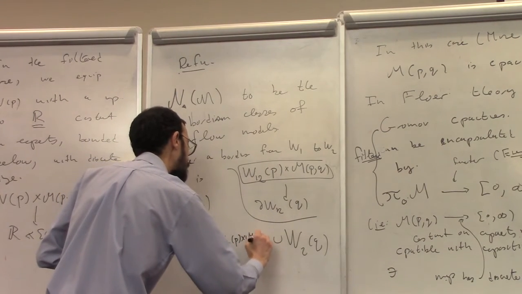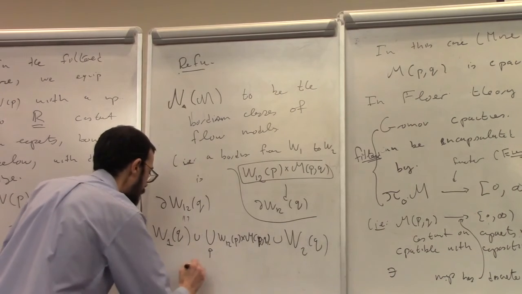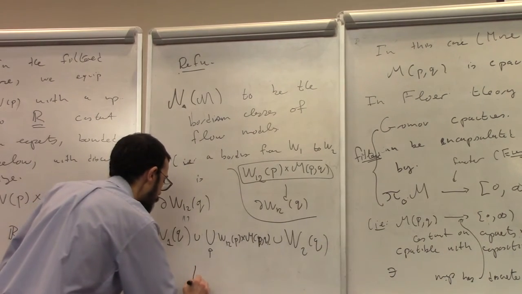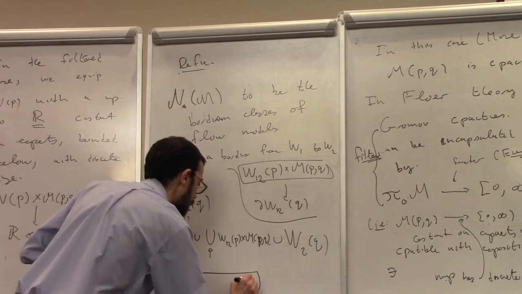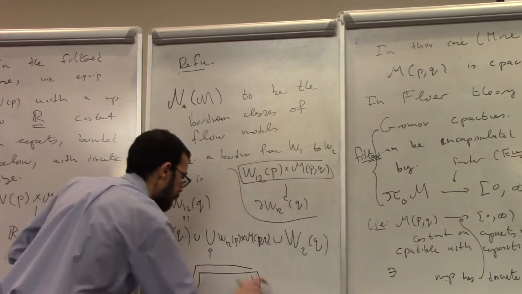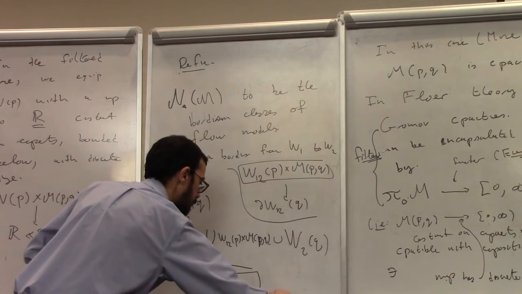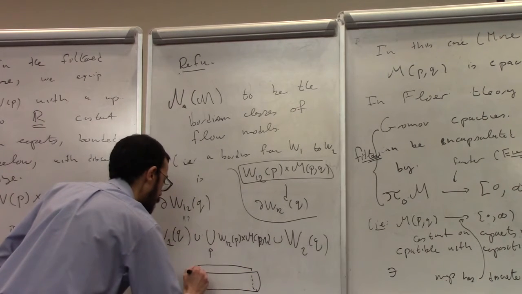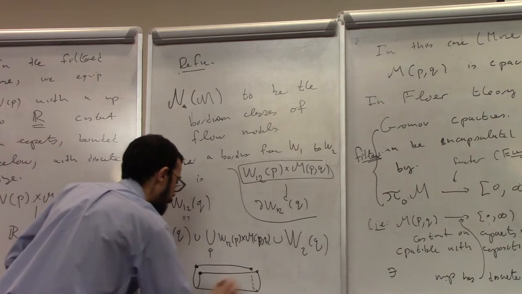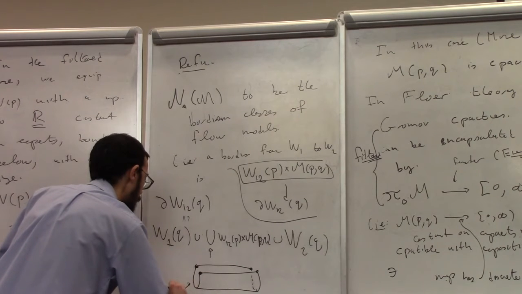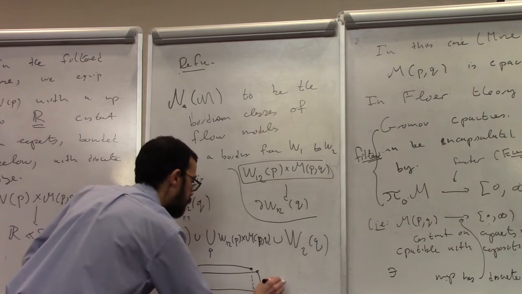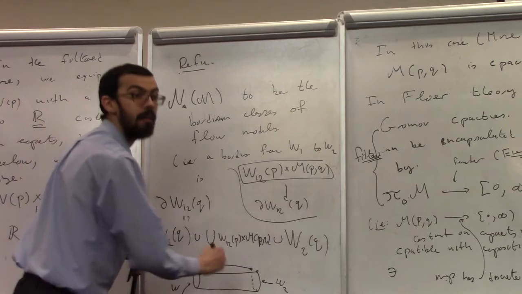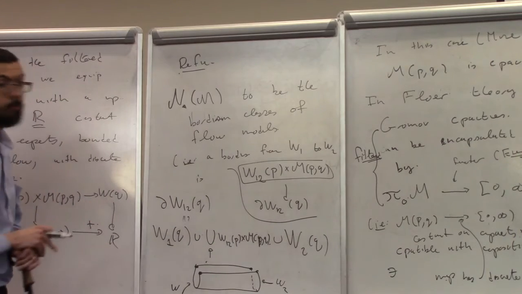The picture you should have in mind is, it's very hard to draw, but this is W1, this is W2, and then there's some extra boundary that lives over the interval that is the composition.